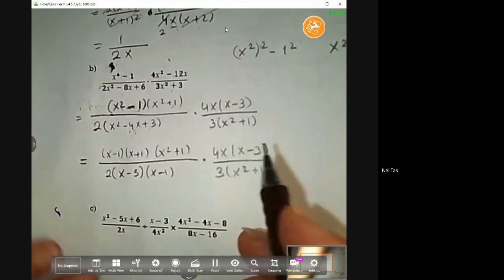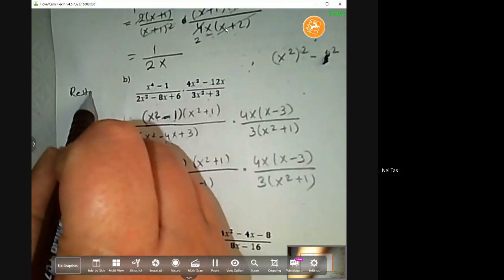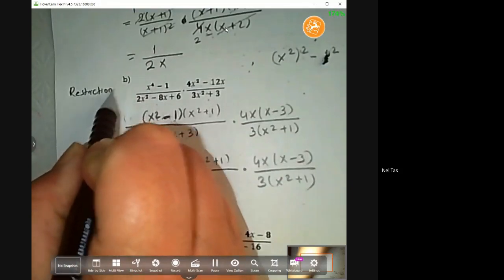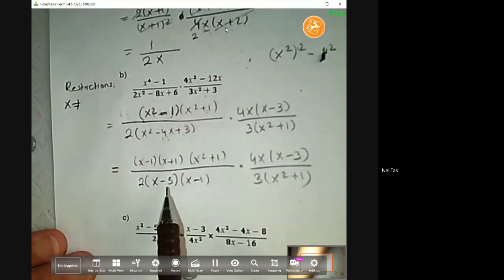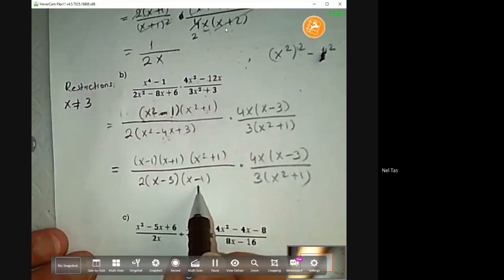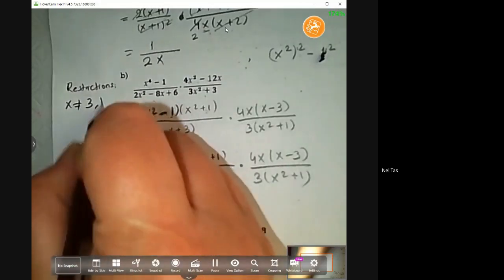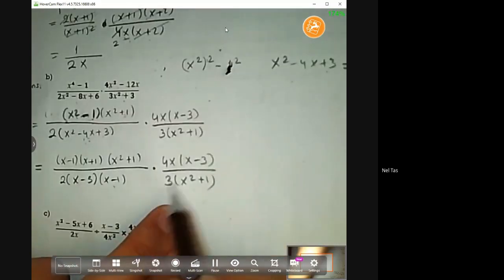Now we are going to state restrictions. X cannot be what? X cannot be 3, cannot be 1. From here, you don't get any restrictions. Okay, so yes, 3 cannot be 0.